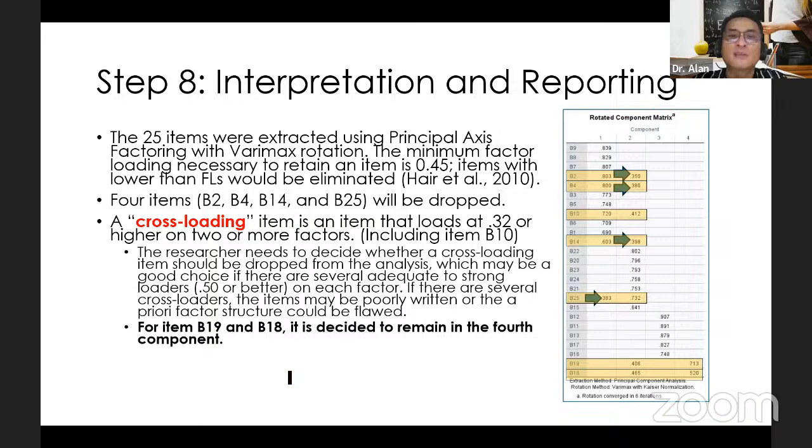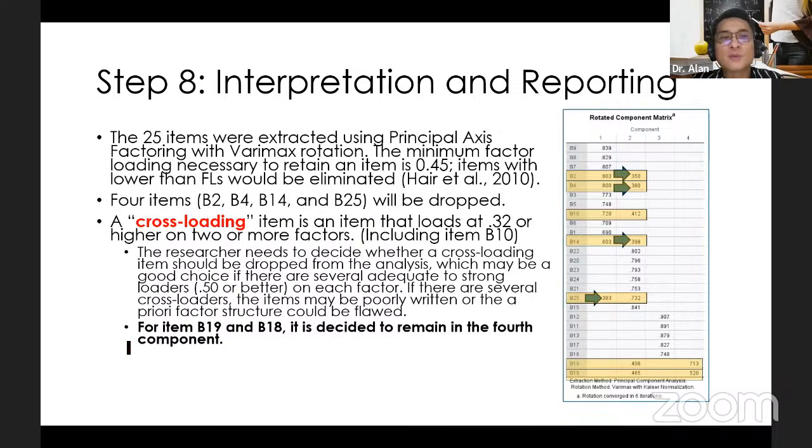In this case, the researchers need to decide whether the cross-loading item should be dropped from the analysis, which may be a good choice if there are several adequate to strong loaders, 0.50 or better. If there are several cross-loaders, the item may be poorly written or the primary factor structure could be flawed.